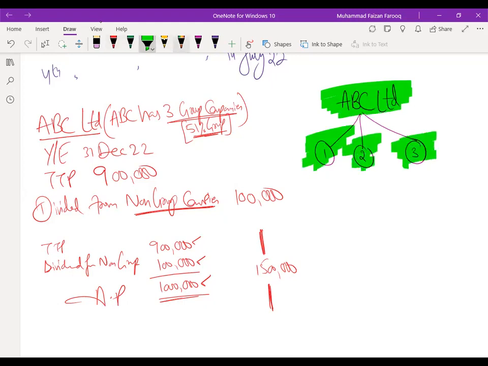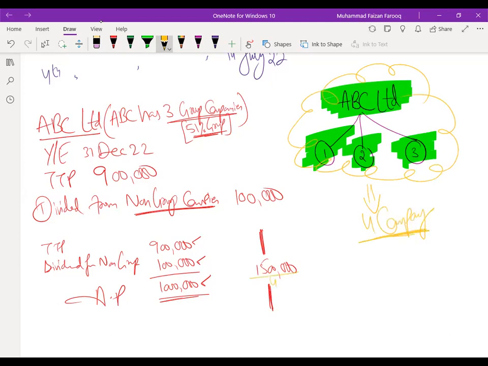So the group consists of how many total companies? Four companies. Total four companies, and this limit will be divided by 4, and we will get a new limit. The threshold will be revised. If the group company information is given, the threshold will be revised with the total number of group members.